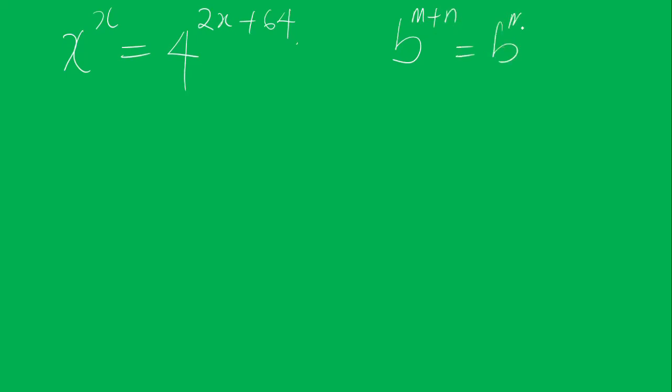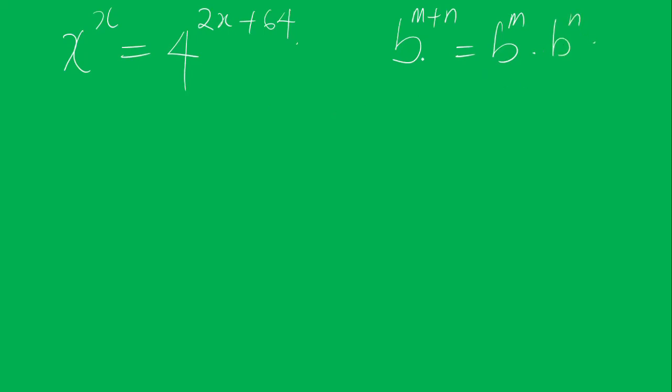So the problem is x to the power of x is equal to 4 to the power of 2x plus 64. Now, according to the law of indices, you have b to the power of m plus n equal to b to the power of m times b to the power of n.